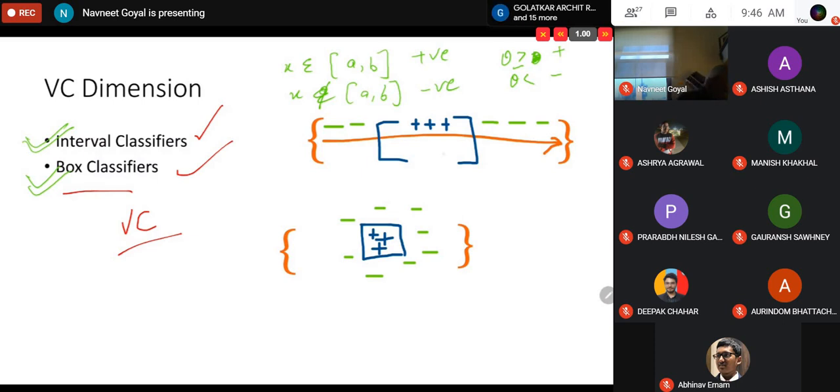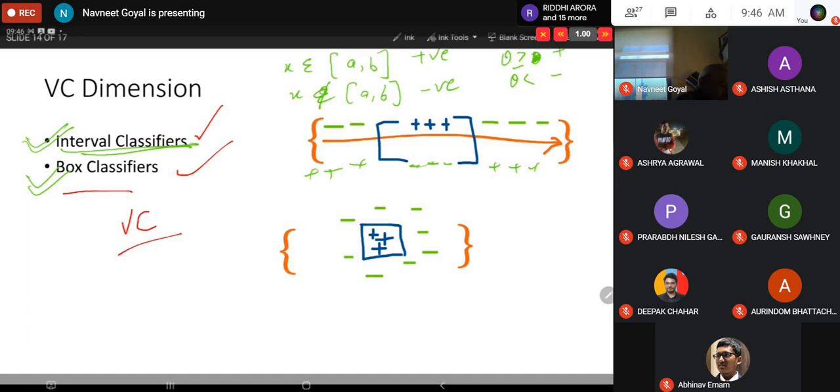Also, you can always reverse the roles, so anything inside is negative and outside is positive. It doesn't matter in the context of what we are discussing. Now, how many points can an interval classifier shatter?